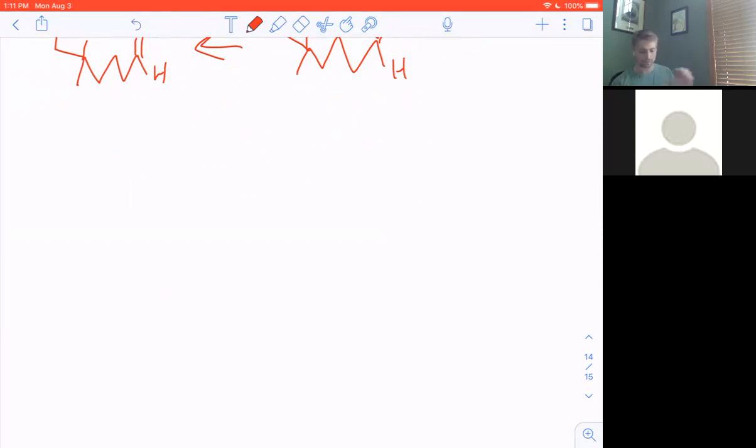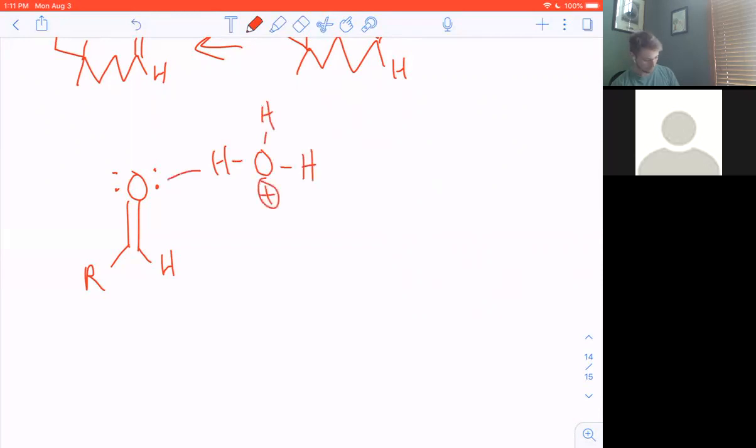Hopefully you should be able to see that the rest of this isn't really going to change that much. But basically, the first step, I'm just going to draw this. So this is the hydrogen. This is an R group with an oxygen here. The first step is one of the lone pairs of oxygen is going to pick up a hydrogen from the acid. It was written as H+. I'm going to write this as hydronium. So this will just pick that up.